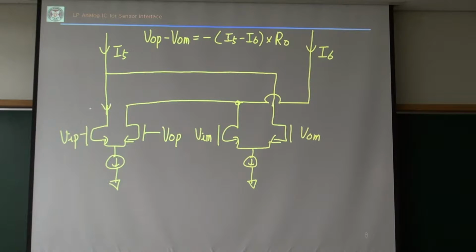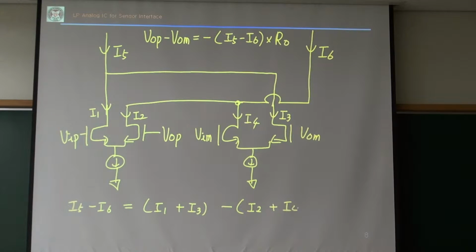So here, if this is I1, I2, I3, I4. I put this is I3. This is I4. Okay. So I5 is only I1 plus I3, right? This is I2 plus I4.